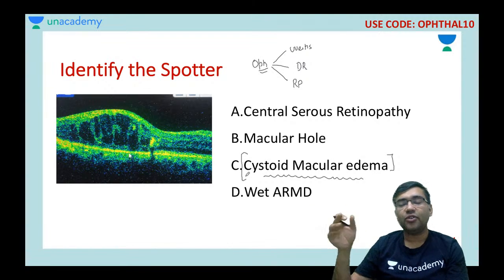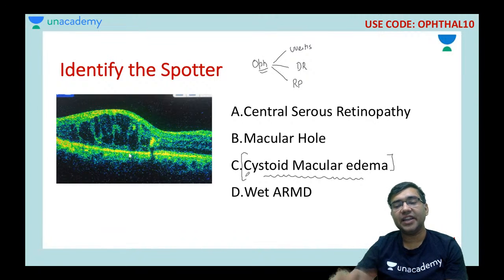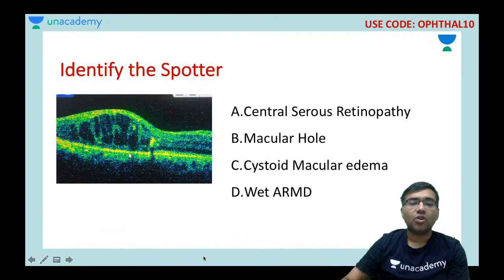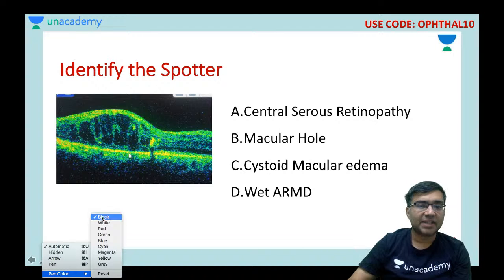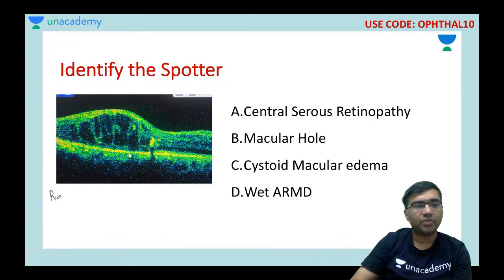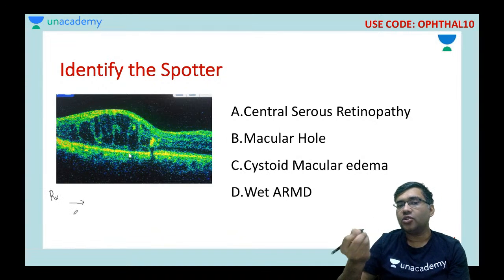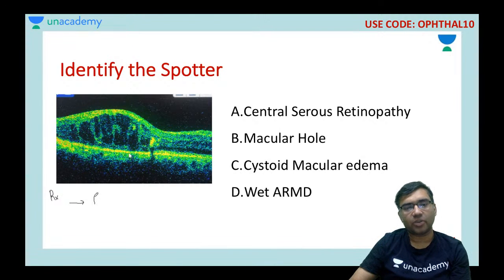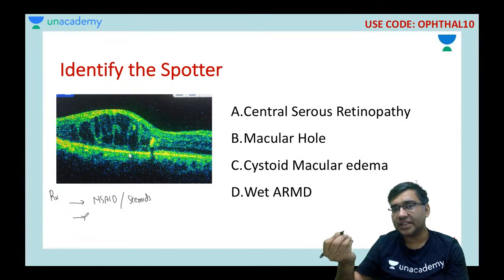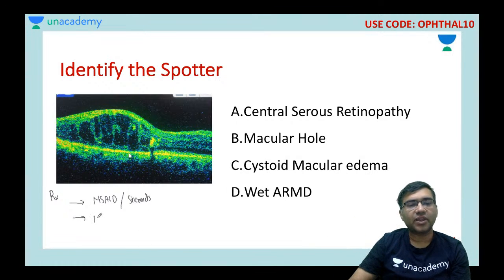How to treat it? You would basically give anti-inflammatory drugs to the patient. So what is the treatment strategy of cystoid macular edema? You would start by giving topical NSAIDs to the patient. If the patient is not responding, you can give topical steroids. If still the patient is not responding and it is because of leakage of the vessels, then you can go with anti-VEGFs like ranibizumab, bevacizumab.